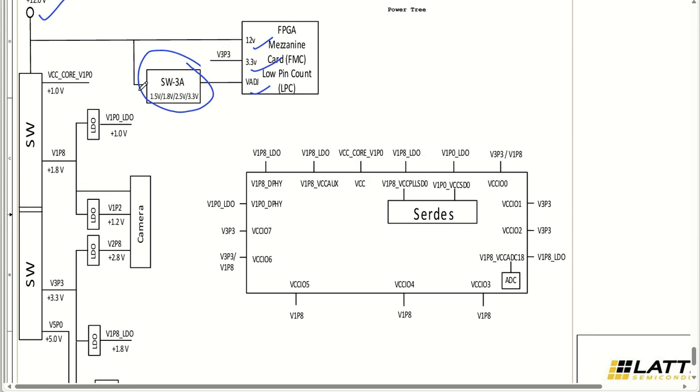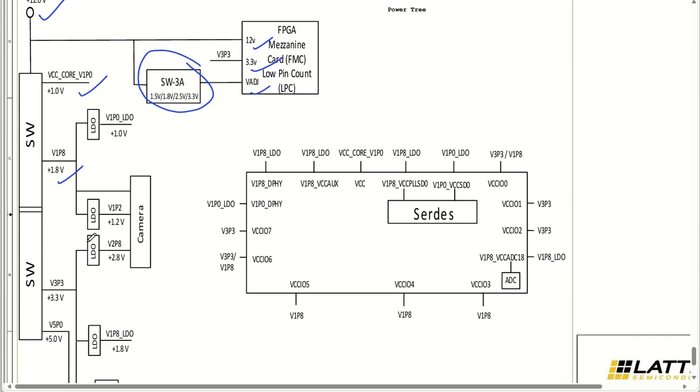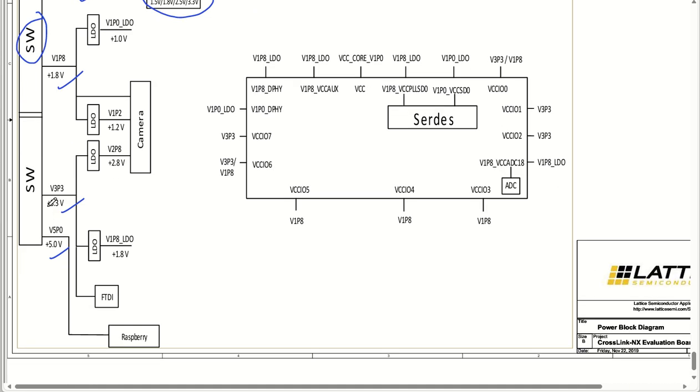Now coming back to the other part, this 12 volt is actually going to generate 1 volt core voltage through the switching regulator I told you, then 1.8 volt and then 3.3 and 5 volt. So switching regulator 1 is generating 1 volt and 1.8, and switching regulator 2 is generating 3.3 and 5 volt. Just now we saw.